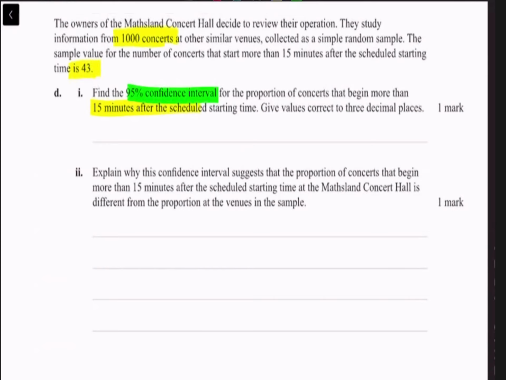So that means 43 out of 1,000 concerts start more than 15 minutes after scheduled time. So the proportion is 43 on 1,000, and n is 1,000. You can find your confidence interval using statistics, I think it's the one-sample Z interval, or you could do it by hand, either way.